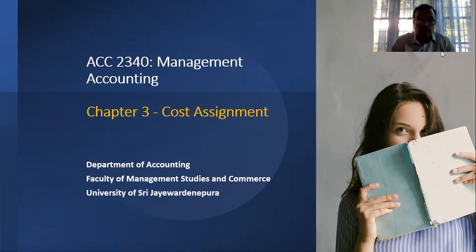Like in the previous lecture, you may have heard about the general background of management accounting, why management accounting is needed for us, and how the information generated by the accounting system is used for various types of managerial decision making.